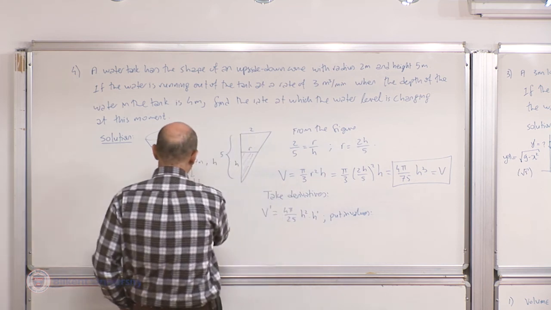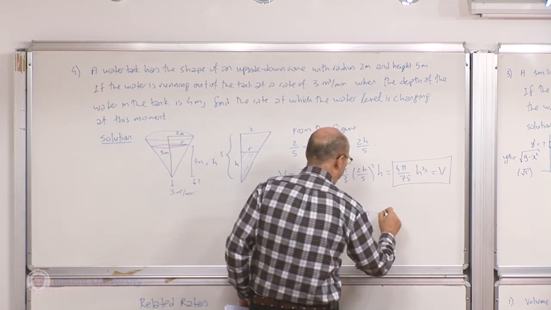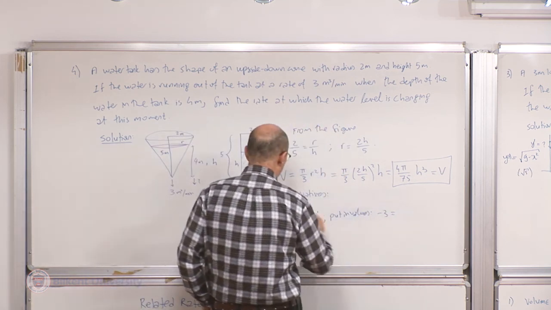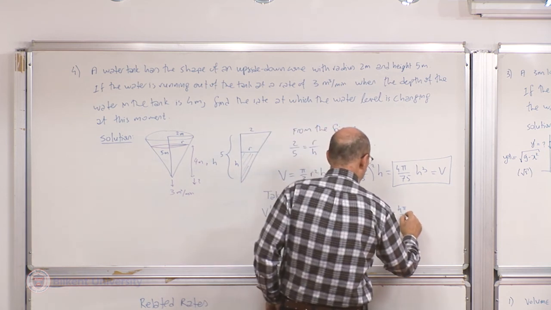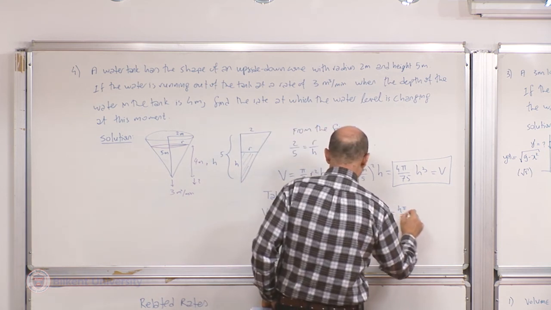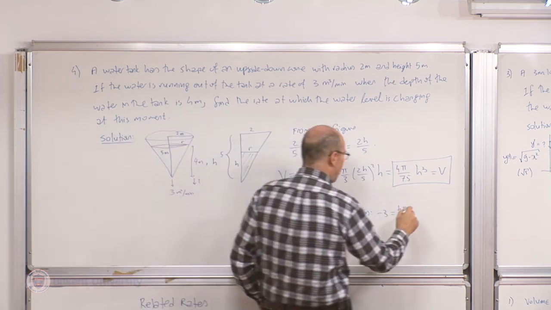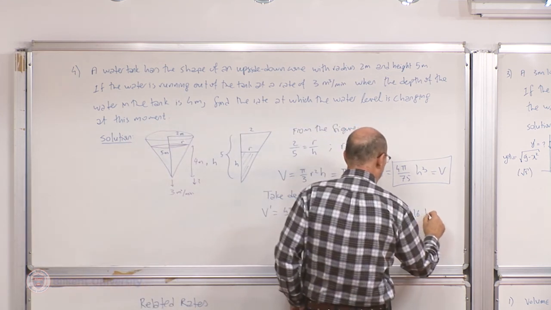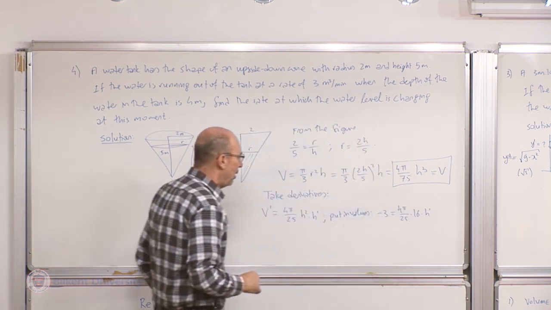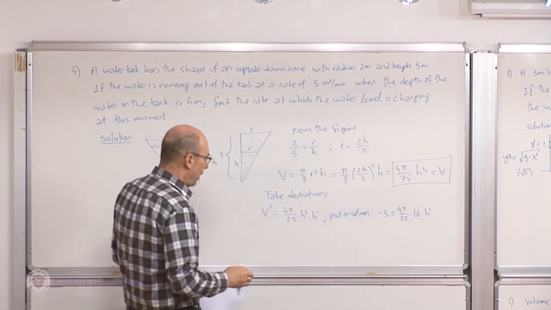V prime is minus 3. 4 pi over 25, h squared, h is given as 4, so this is 16, and h prime. So you see that now I can find h prime.